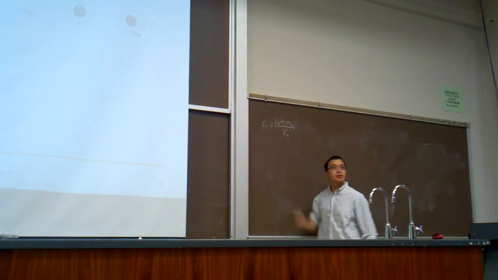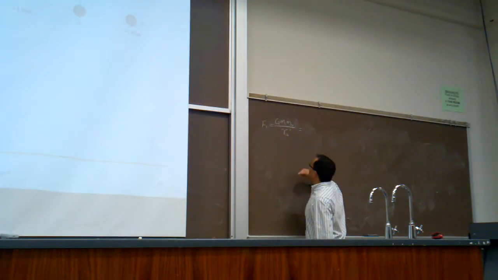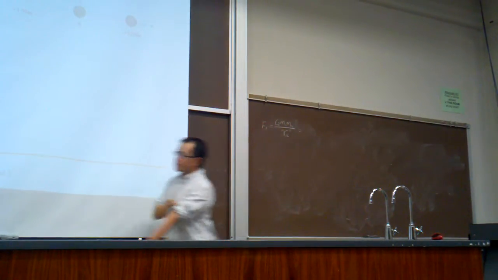It's the distance between object 1 and 2. What is this R1,2 from the graph? Can you do the calculation? R1,2 equals the square root of 2.